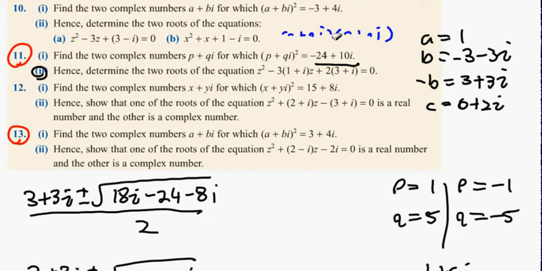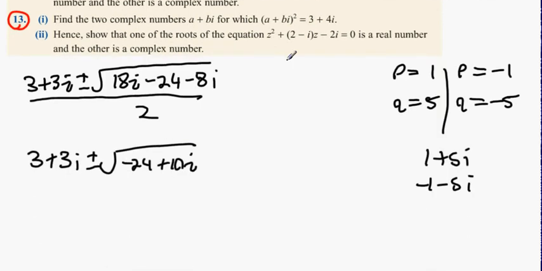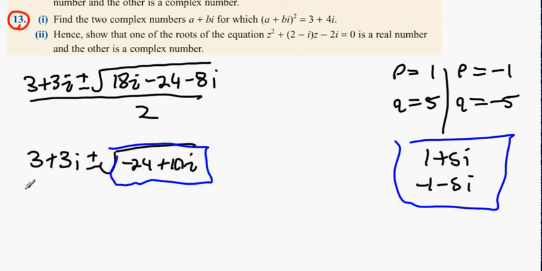What we learned is that when you square root both sides, p plus qi equals the square root of minus 24 plus 10i. So our answer from earlier, these two answers, are what we need for this part. We only need one of them because they're both the plus or minus version of each other.